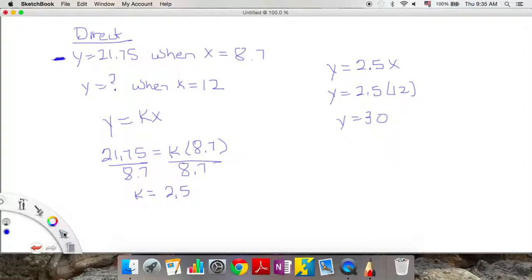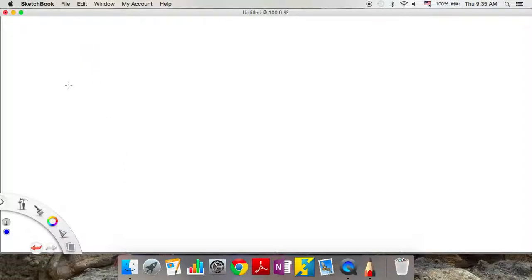Now let's try a different one. If y varies inversely with x, so we know it's an inverse relationship, and y equals 50 when x equals 2.5, and we want to find y when x equals 20.